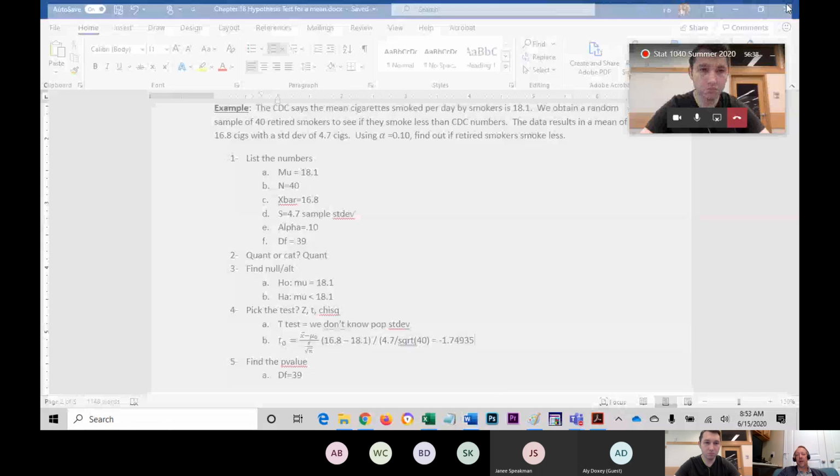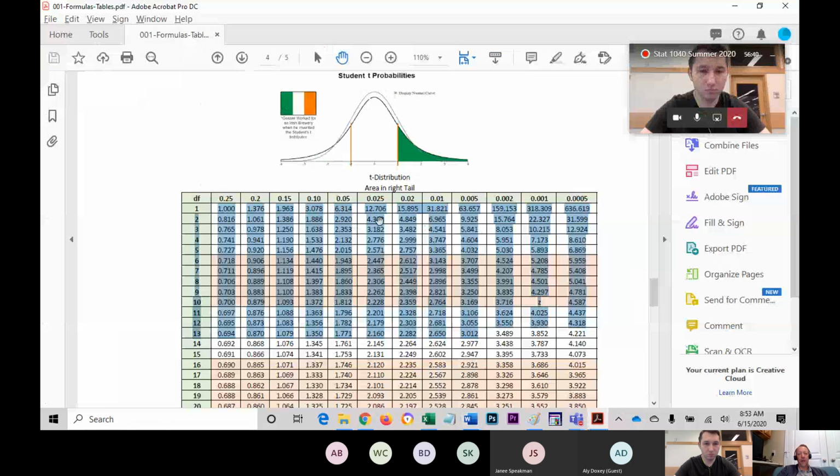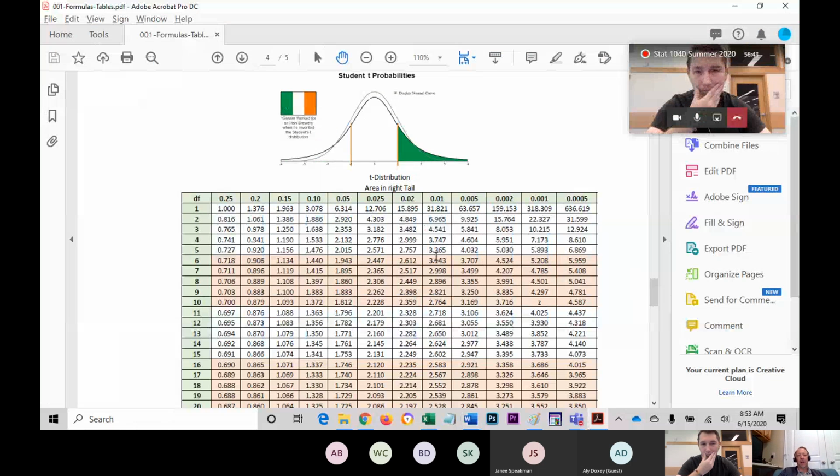I need to find that. I want to add that on there. But at any rate, your t-distribution looks a lot like your z-distribution. It's a bell curve. You can see I've got the normal curve that's also there.